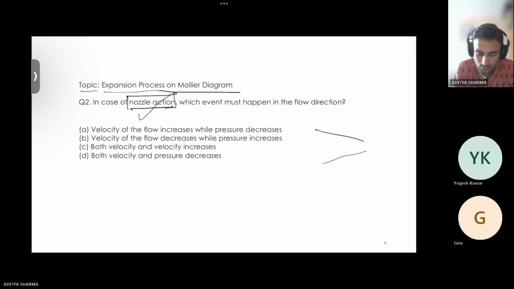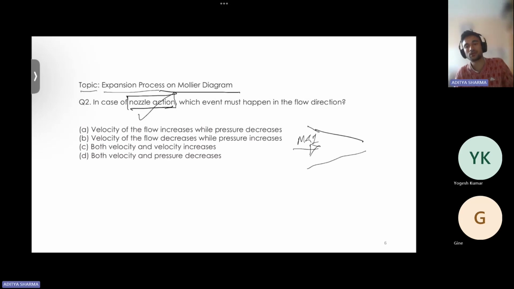If the flow is subsonic, for a combination of M less than 1 and a convergent duct, that is one of the examples of nozzle action.